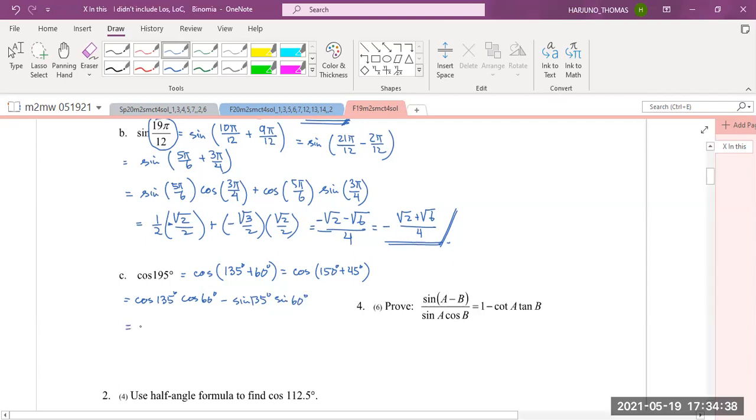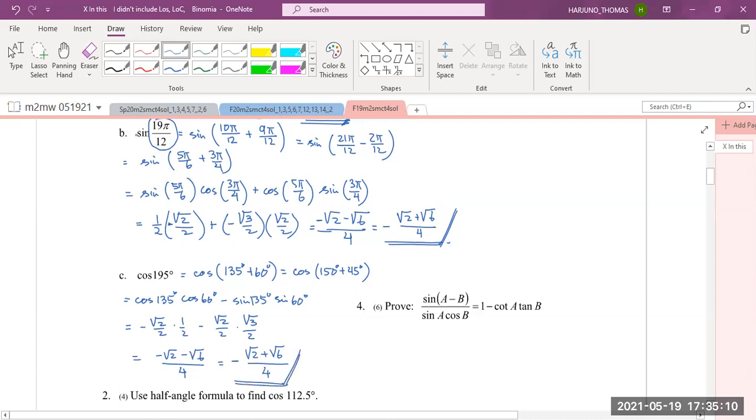This is negative radical 2 over 2 times 1/2 minus radical 2 over 2 times radical 3 over 2. So that's negative radical 2 minus radical 6 over 4. If I factor the negative, do you notice that it's the same answer to part B?